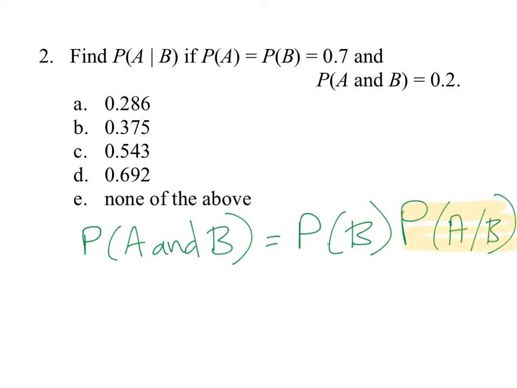So we're going to solve for that, and what we do is we divide both sides by the probability of B. So now it's going to be underneath the probability of A and B. And they gave us all that information.